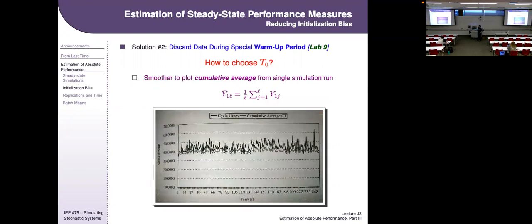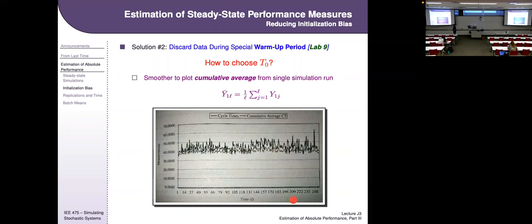So an alternative is to do signal processing, to do filtering of those data. This is something that the book talks about. You can take the data from a single replication and take the cumulative average. So they're producing a plot not of the raw data, but of the average of all the data seen so far. The dark lines here are the raw data, and the lighter lines are just above my finger here.